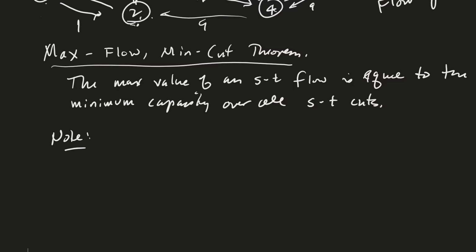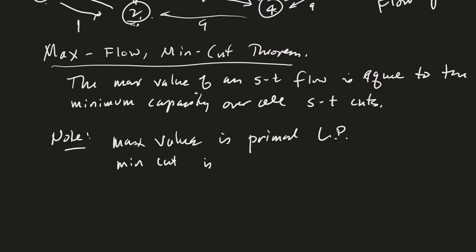Note one is the max value is a primal linear program. And what happens is you can talk about the min cut is the dual LP.